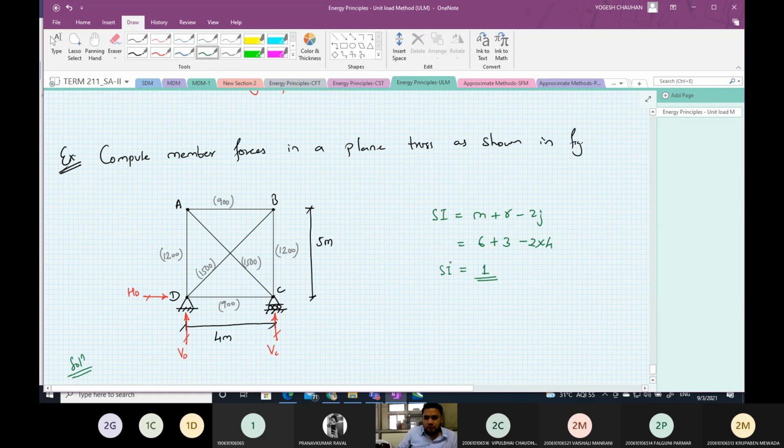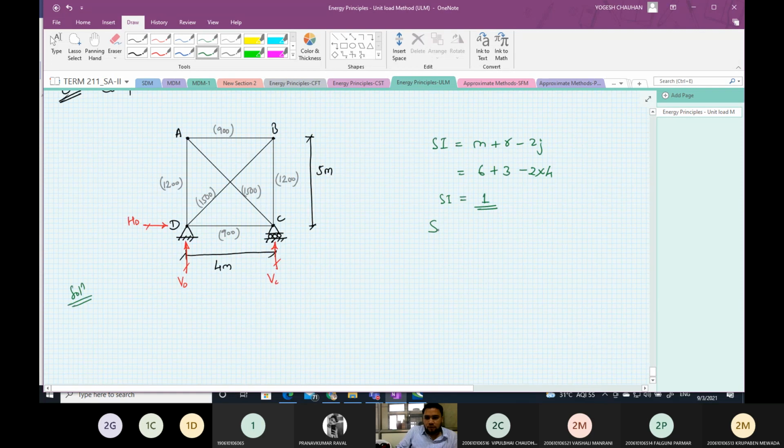Now whether this SI is internal or external, that we have to find. So let us first find SI external, which will be R minus equilibrium condition. So we have 3 reactions and 3 equilibrium conditions, so it will be 0.